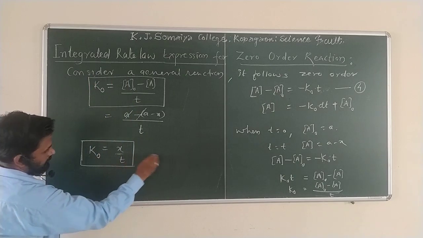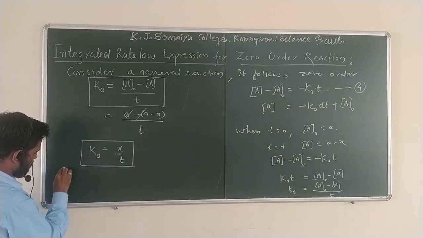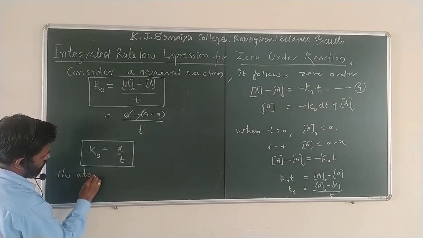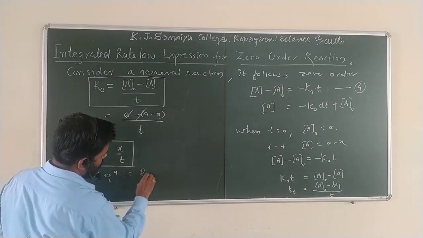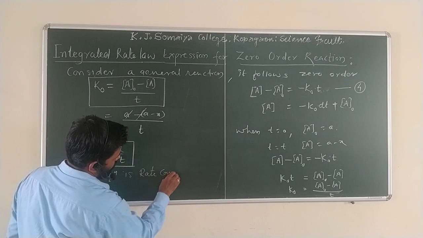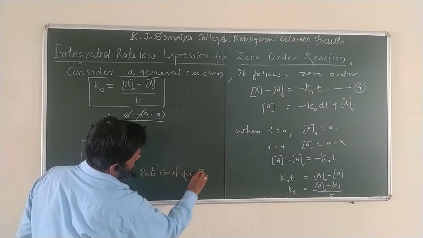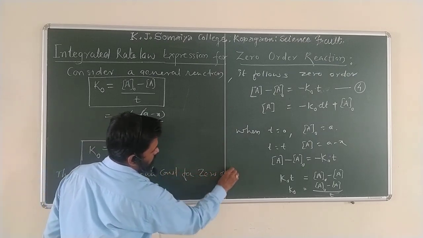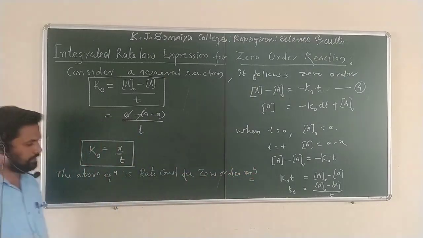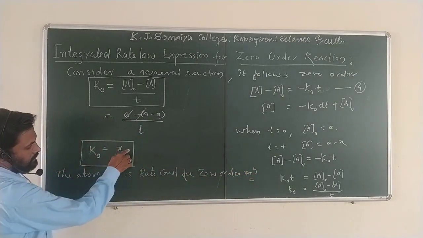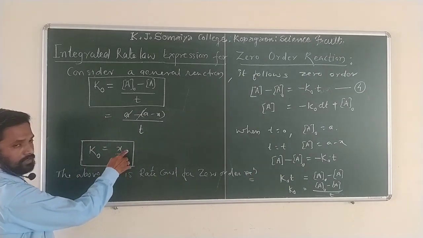This above equation is the rate constant for a zero order reaction. K0 equals x upon t, so it is dependent only on the product.